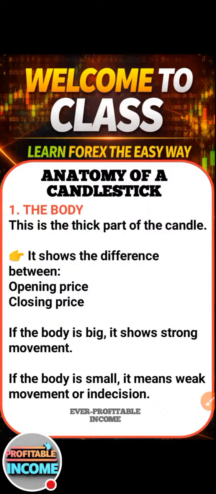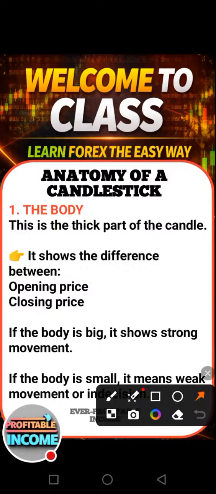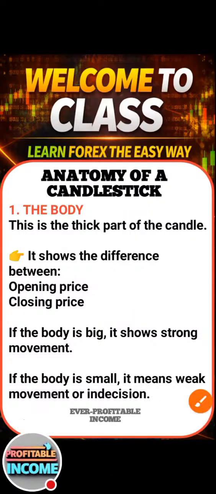Okay, so the body shows the difference between the opening price and the closing price. In a candle, you will see when price started and when price closed. The body is what tells you that. So if the body is big, it shows a strong movement. Ensure you take note of that, write that down.